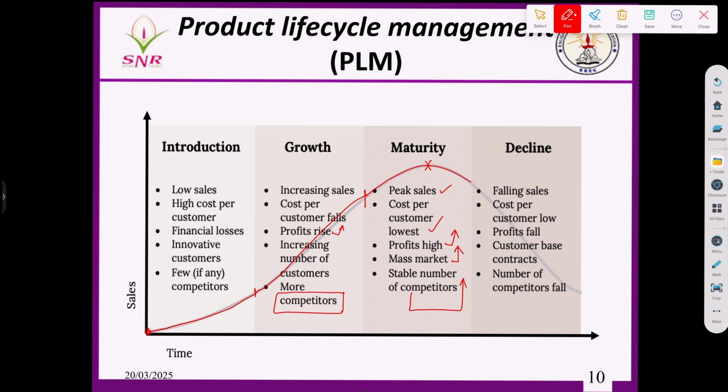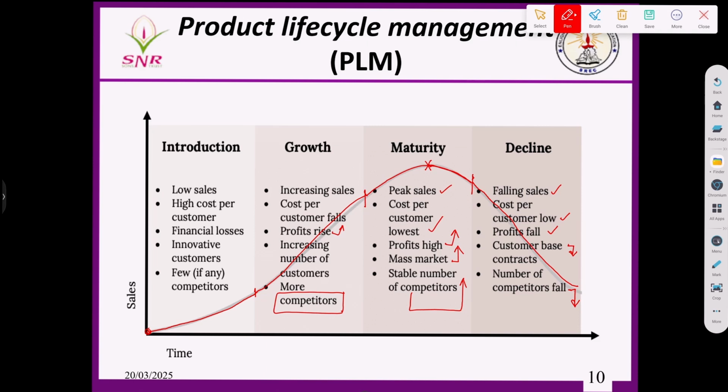After a certain period, it can be observed that the sale of the product comes down with time, and now the product will enter the phase called the decline phase. In the decline phase, the product sales will come down, the product cost is also low, the profit will come down, the customer availability will come down, and the number of competitors also will come down, since the product has very low sales at the customer end.